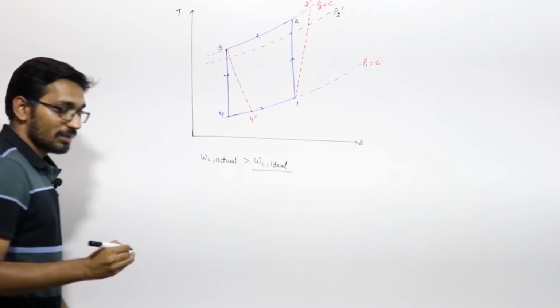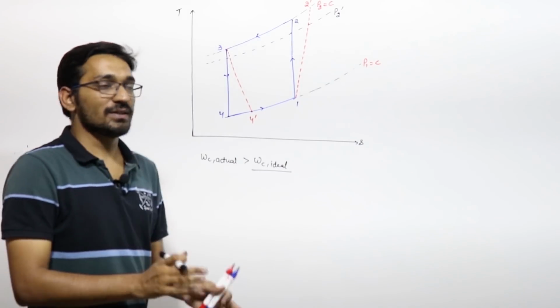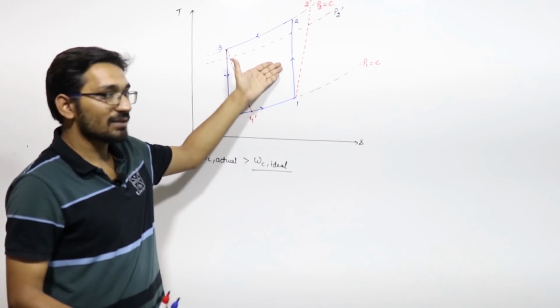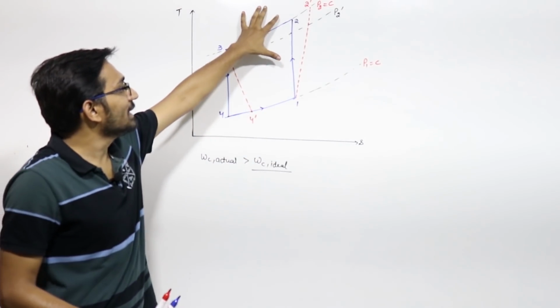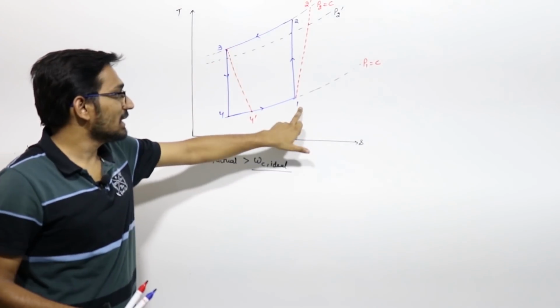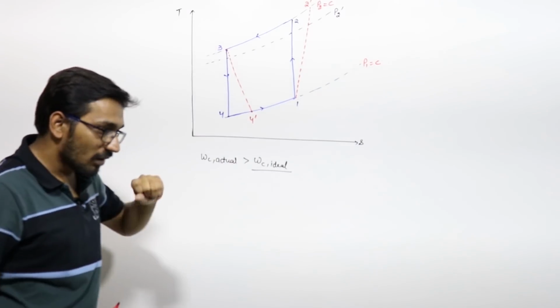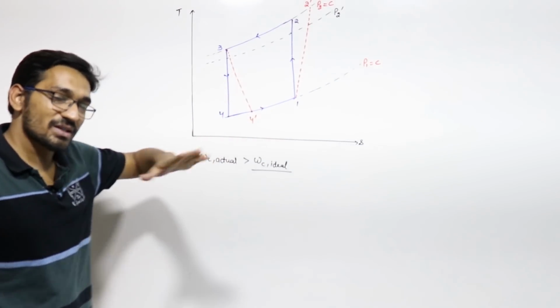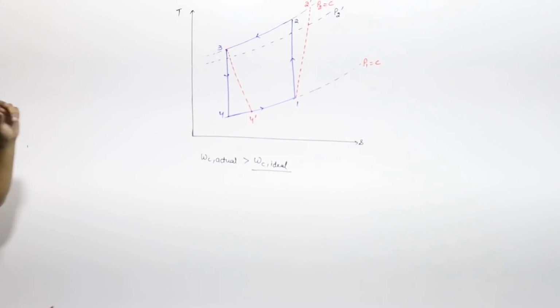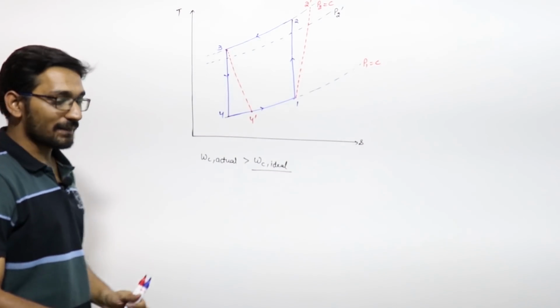Why is this so? Because we want the same pressure ratio as in the reversible case, right? In the reversible case, suppose this P2 is 5 bar and this P1 is 1 bar. We want the same pressure ratio. If the process is irreversible also, we want the same pressure ratio. We don't want to compromise with the pressure ratio, right?